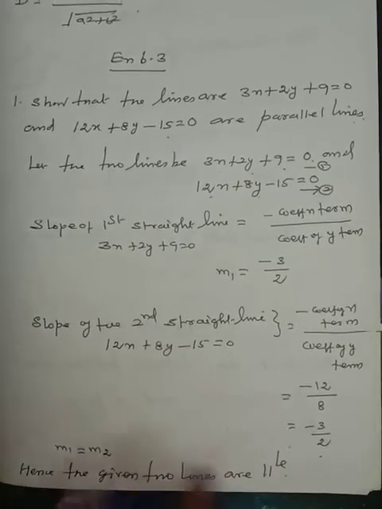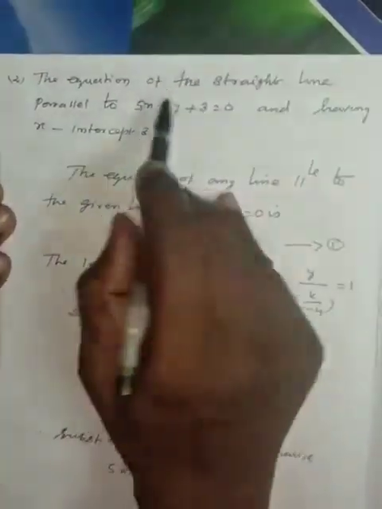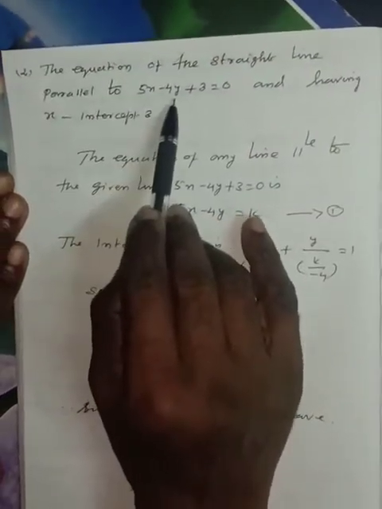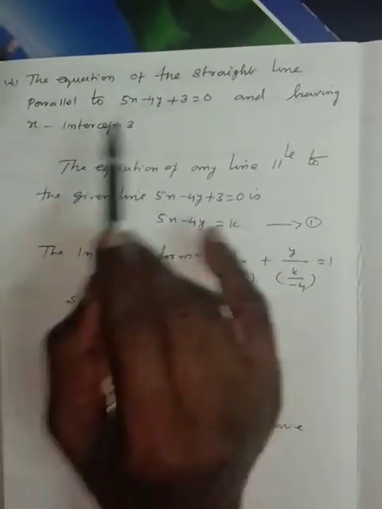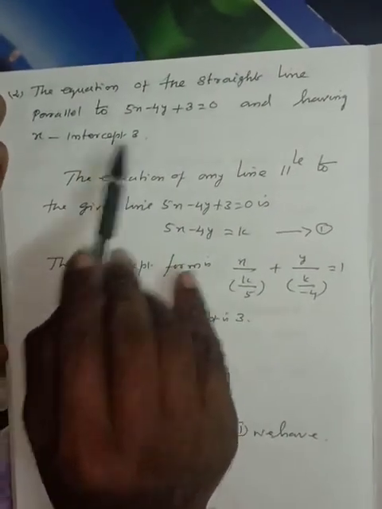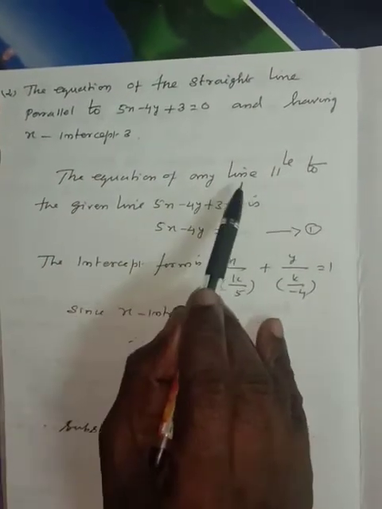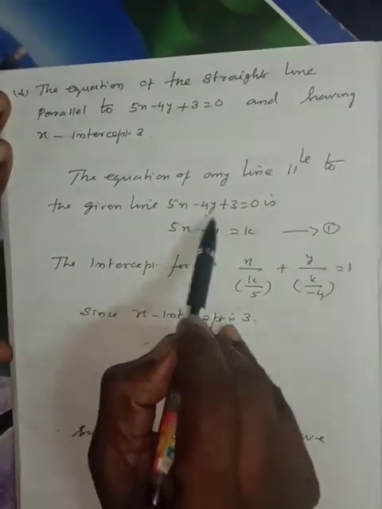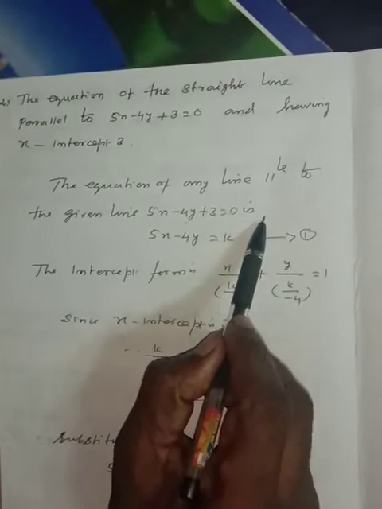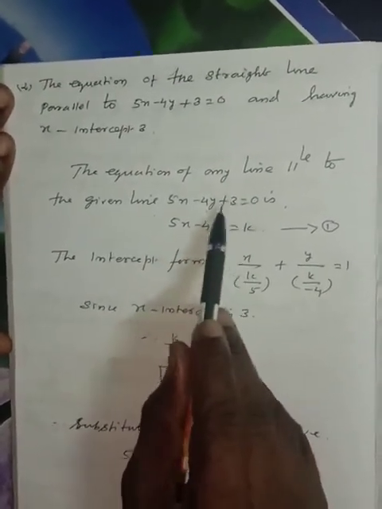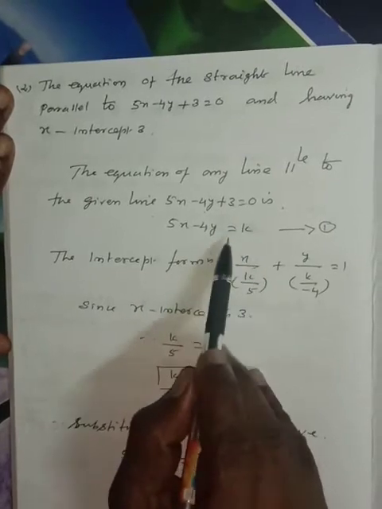So these two straight lines are parallel. Next, find the equation of the straight line parallel to 5x minus 4y plus 3 equals 0 and having x intercept 3. The equation of any line parallel to the given line 5x minus 4y plus 3 equals 0 is 5x minus 4y equals some constant k.